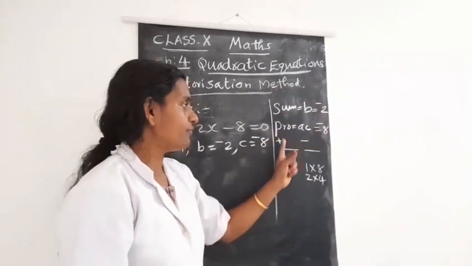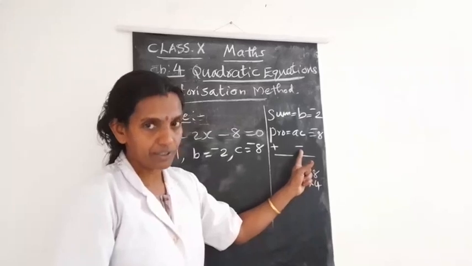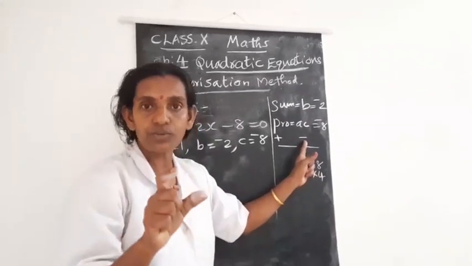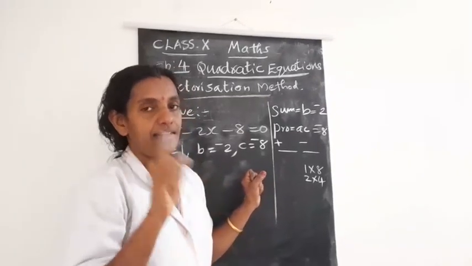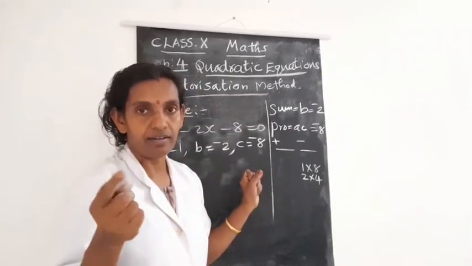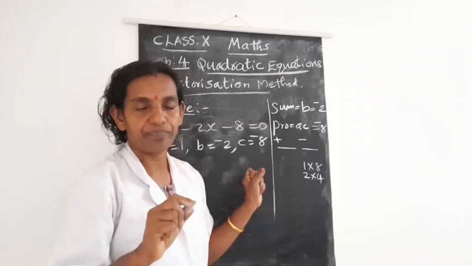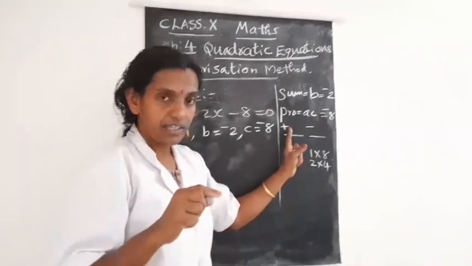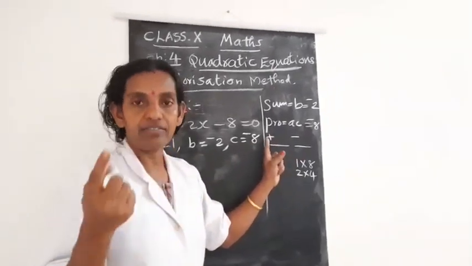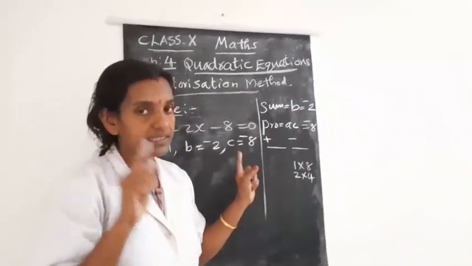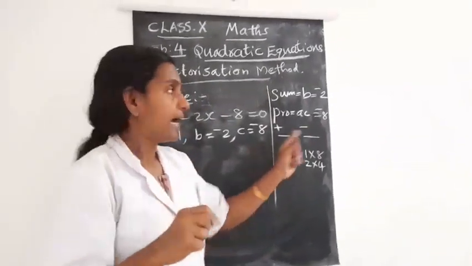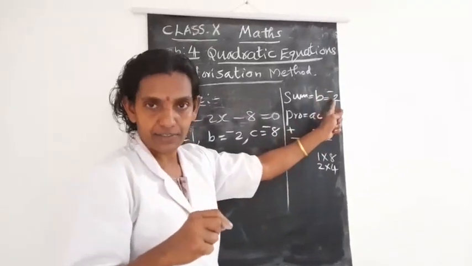But remember, if one number is positive and the other is negative, actually adding these two numbers means subtraction. That is, larger minus smaller with the sign of the larger number. And that answer is given as negative 2.